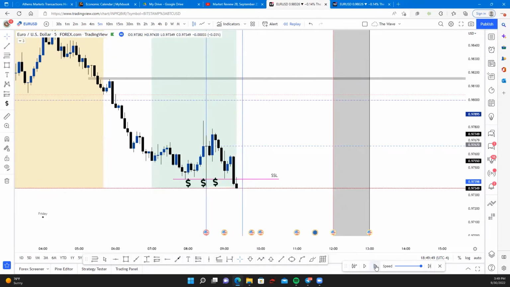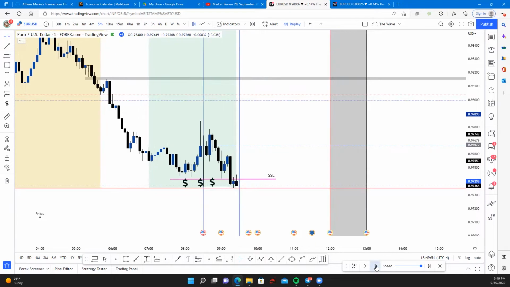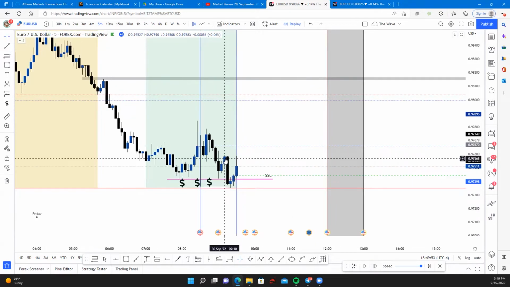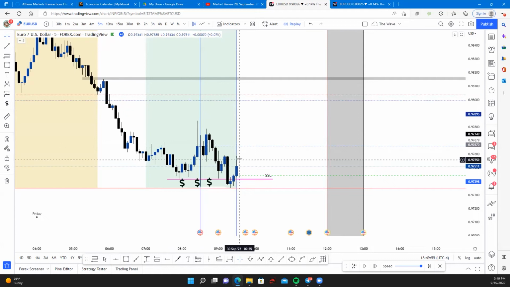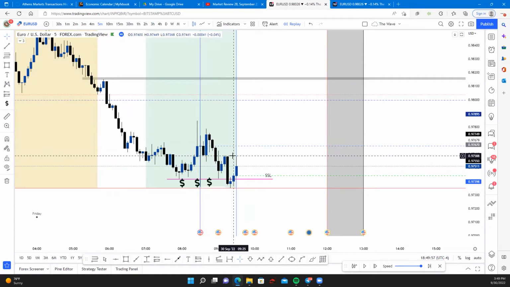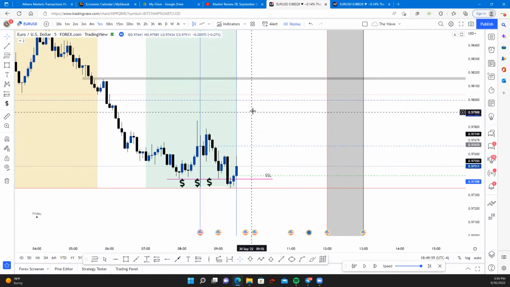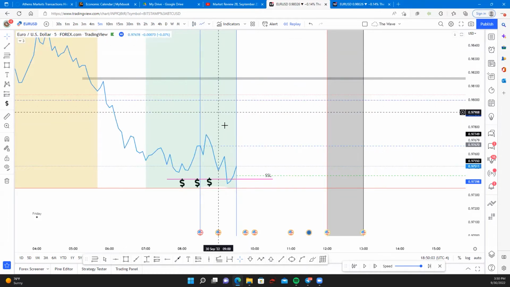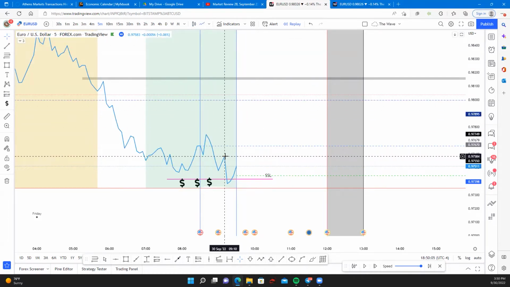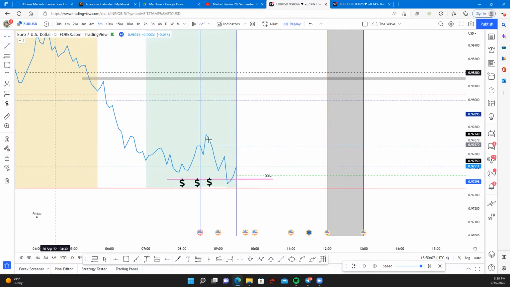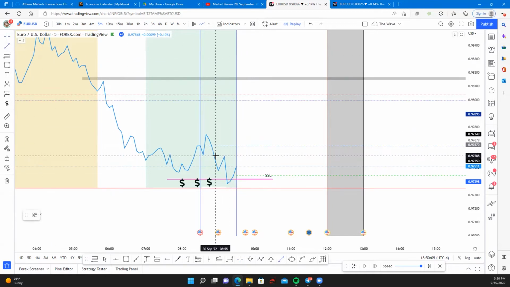So sell side has been taken. Now we're waiting for a displacement and a minor structure shift. How we can see that is I like to use the line graph so you can see where the previous swing high is. And as you see here, there's this previous swing high.